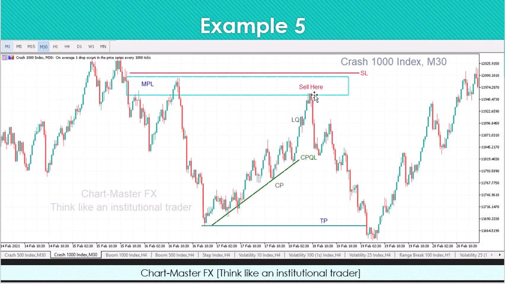Once the liquidity pool is okay, you put your entry, then the price reacts to that MPL. So this is a kind of an MPL, and we can also call it a Quasimodo level here. So these things sometimes confluence each other. And here guys, we have our stop loss just above the MPL area.